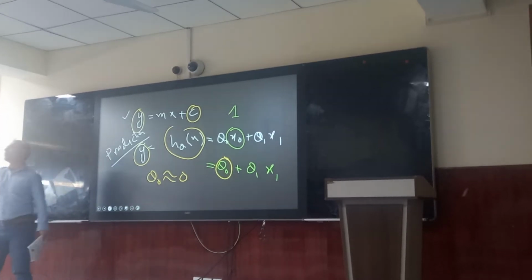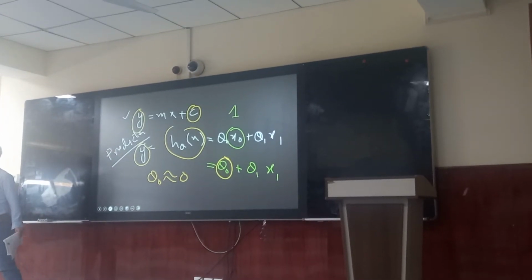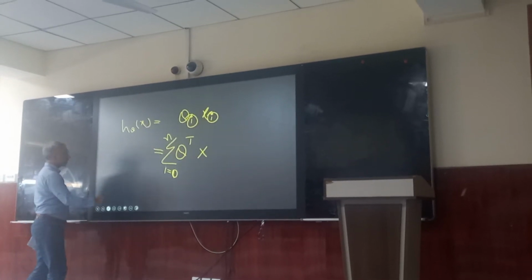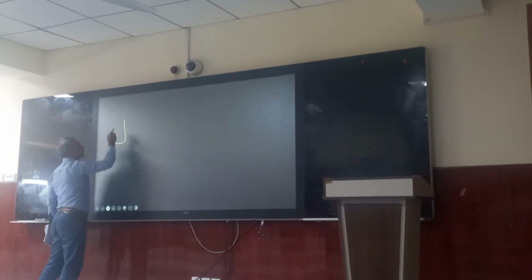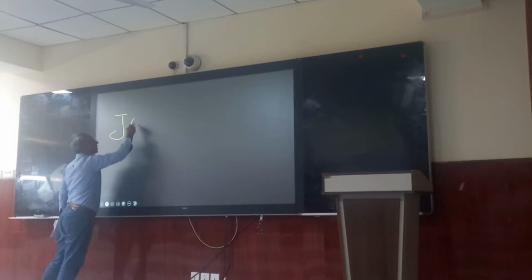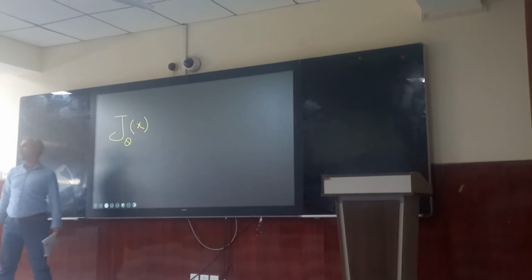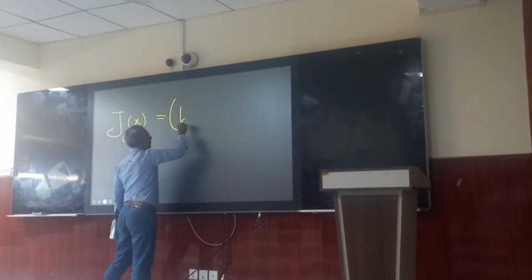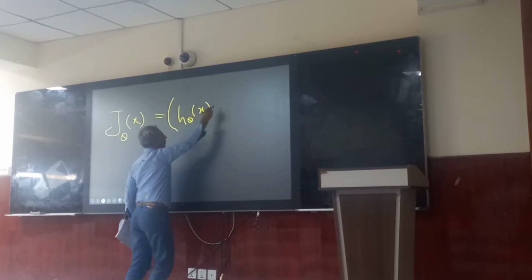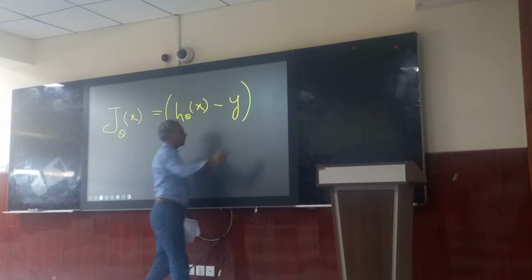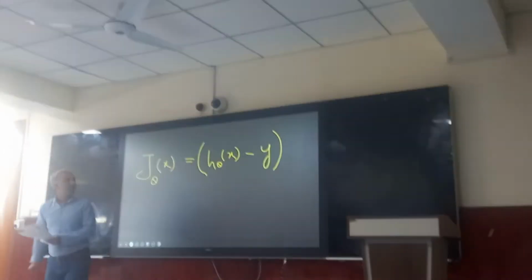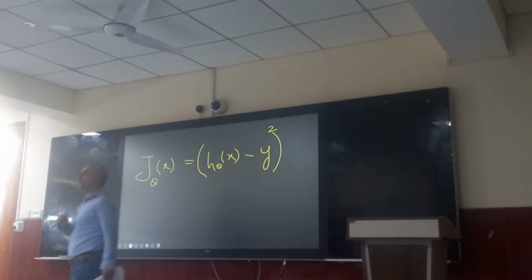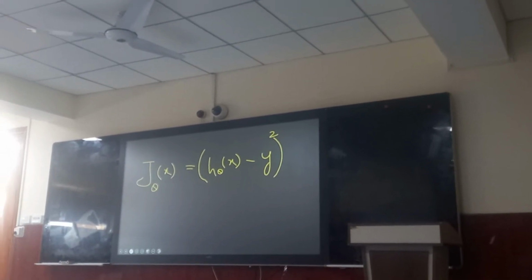If you take the difference of both, you will get some error, and this error represents the cost function. I told you this one is the cost function. You also know the concept of least square error.